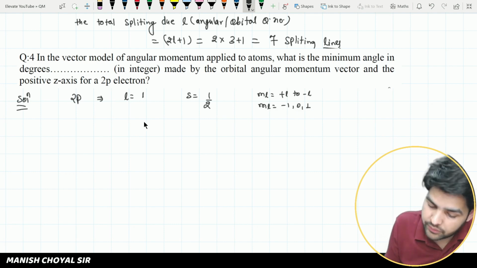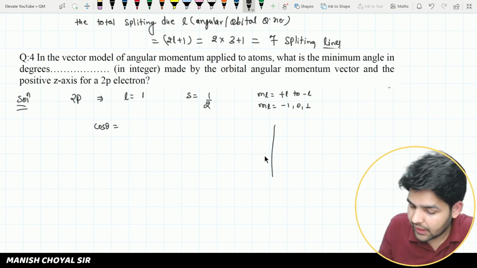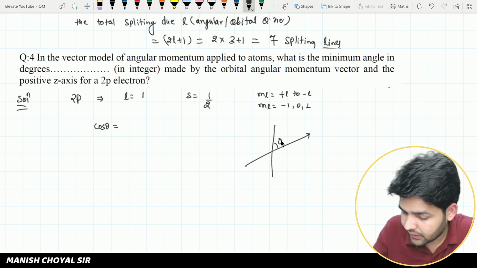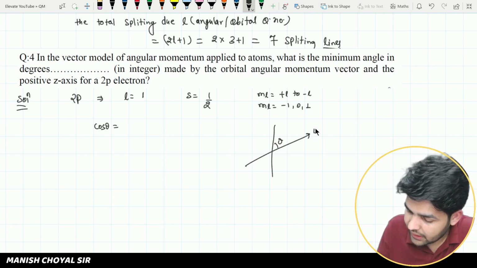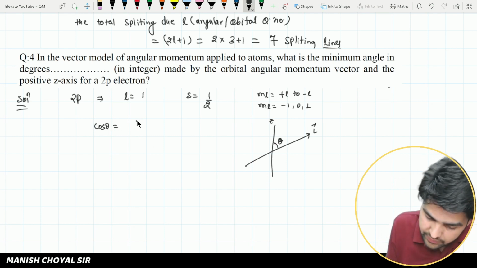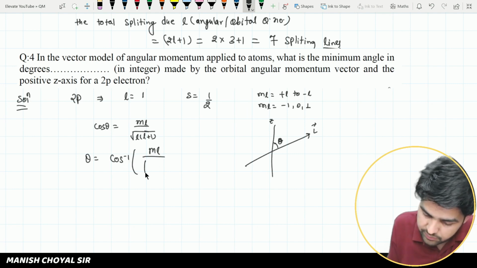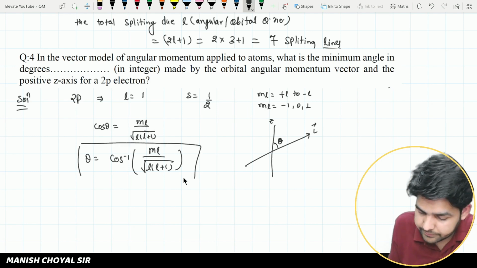And cos theta, the angle between the L vector and the Z axis, is ML divided by root of l(l+1).